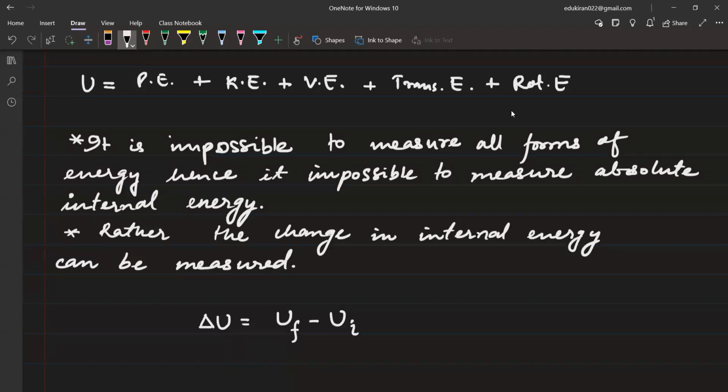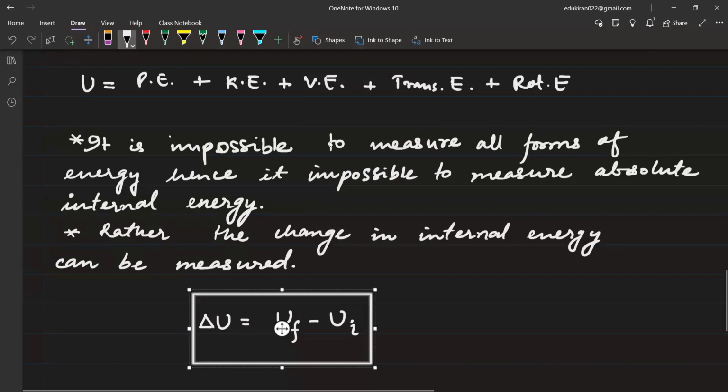ठीक है ना? अब एक चीज का ध्यान रखिएगा. This is the formula for what? Tell me guys. This is the formula for change in internal energy? नहीं, फॉर्मूला नहीं है. If we could have measured the internal energy in final state and initial state, तो हम लिखते ना, it is impossible.